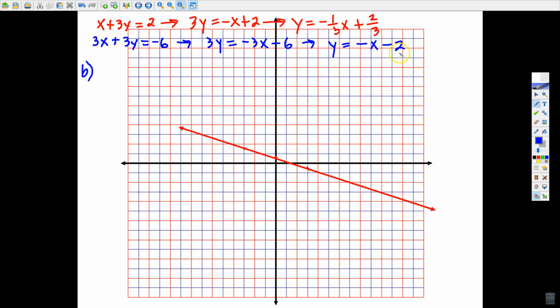So here's my slope-intercept form. I have a y-intercept of -2. And from there, I'm going to count a slope of -1. Up 1, left 1. And we'll sketch the blue line.